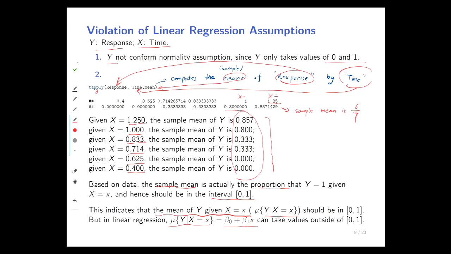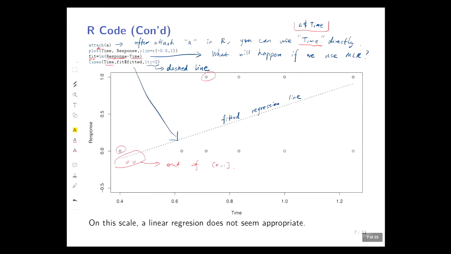Because we have this kind of function form, beta 0 plus beta 1x, this mean can be in the range from minus infinity to infinity, because it's a straight line. So what's the meaning here? For a straight line function, we can always have the range from minus infinity to infinity.